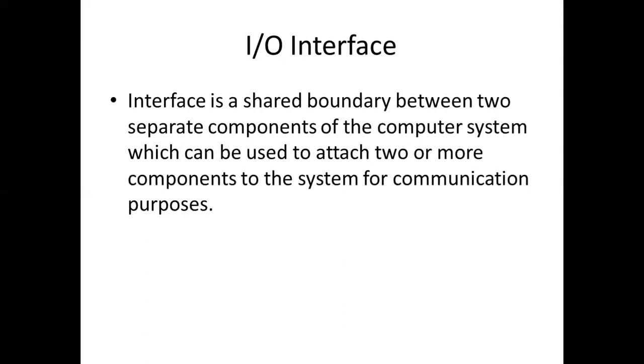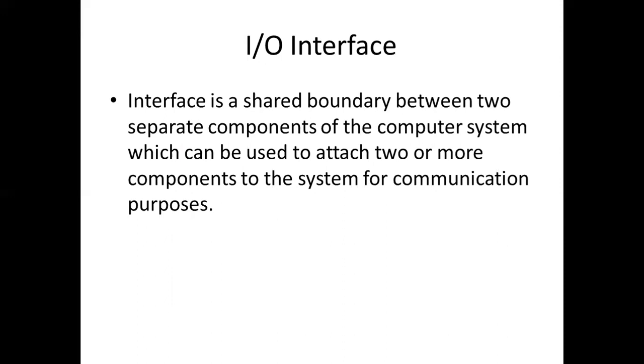So in other words, now you have a mouse, a certain device, and this device needs to communicate perhaps with the RAM or with the CPU. Then the interface becomes the boundary wall, the one that will allow these two devices to communicate.